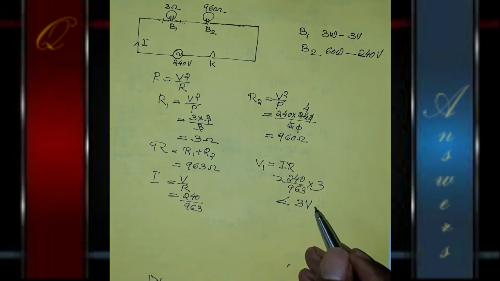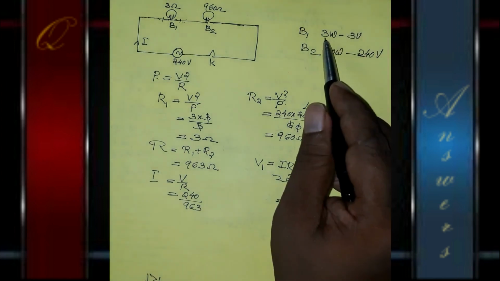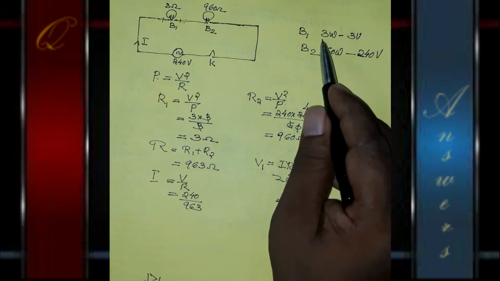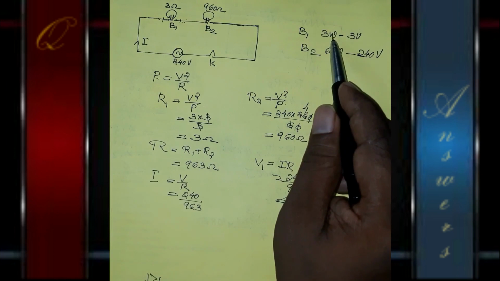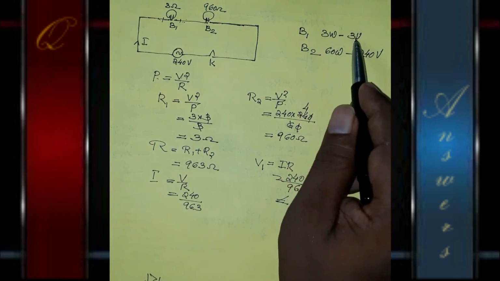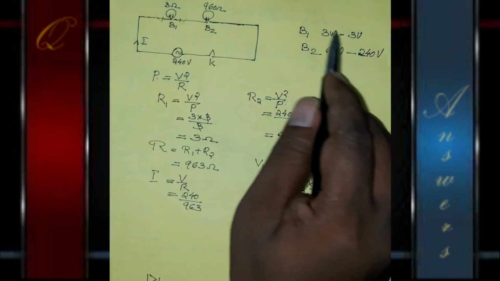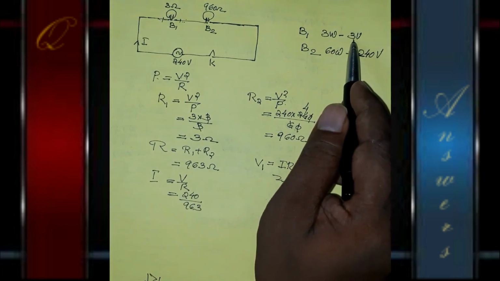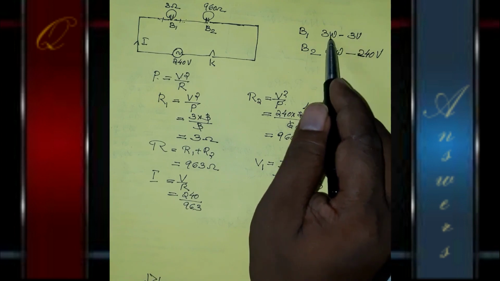What is the importance of 3 volt? What do you mean by this specification? It means that this bulb B1 can withstand a maximum voltage of 3 volt. If 3 volt is applied, it will deliver 3 watts of power.